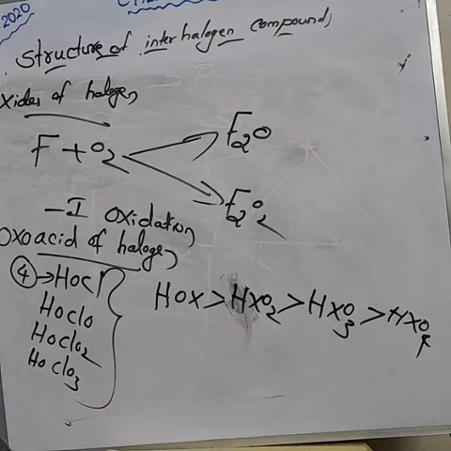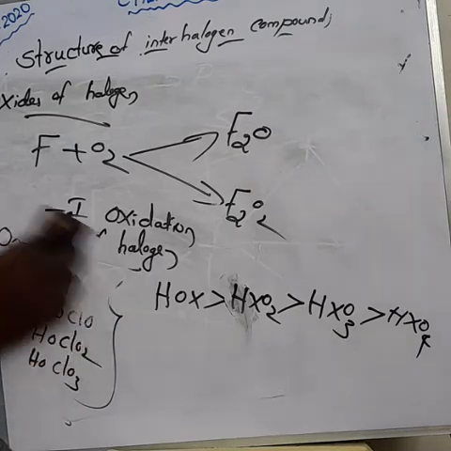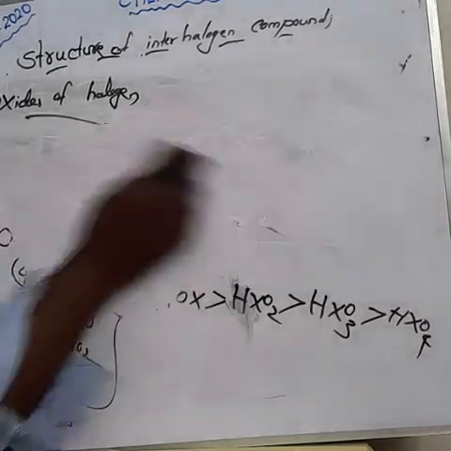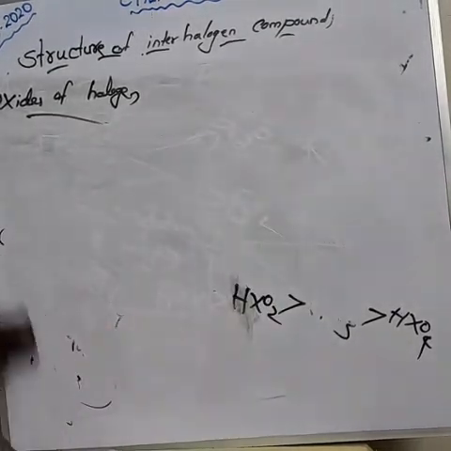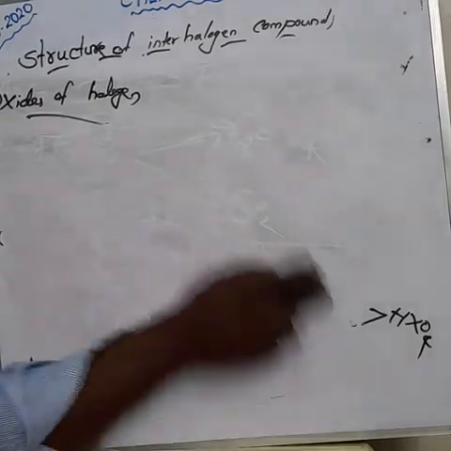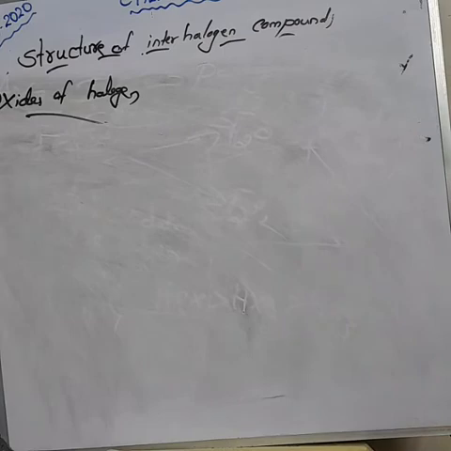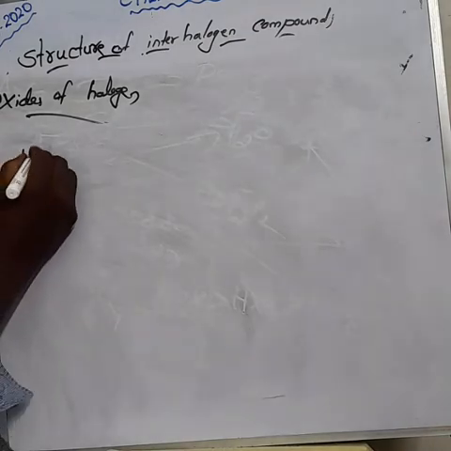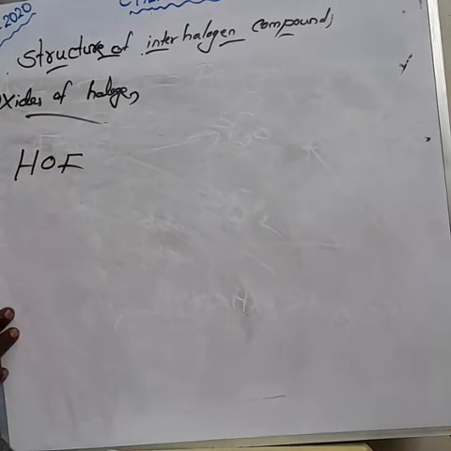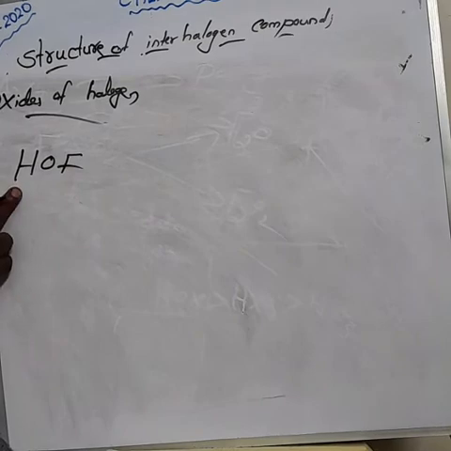Also, how can you find out the oxidation state? Remember how you calculate the oxidation state for such halogen compounds. For example, we can take HOF. Hydrogen is an electropositive element, am I right?